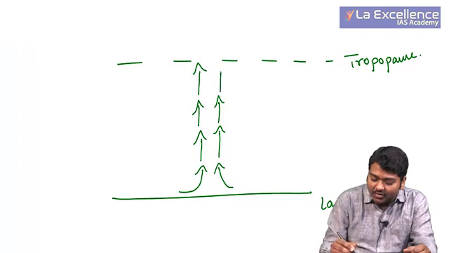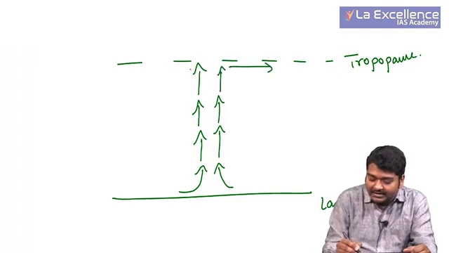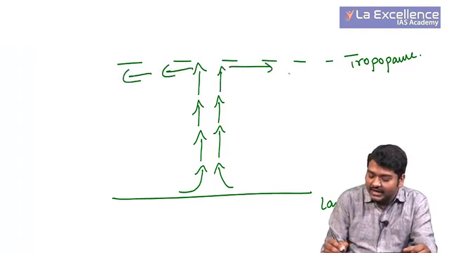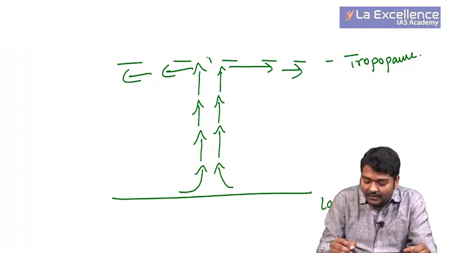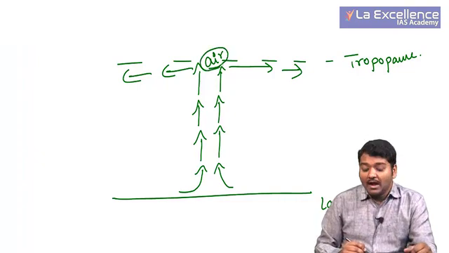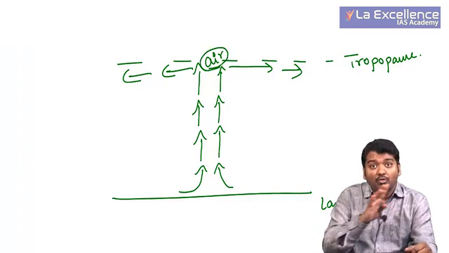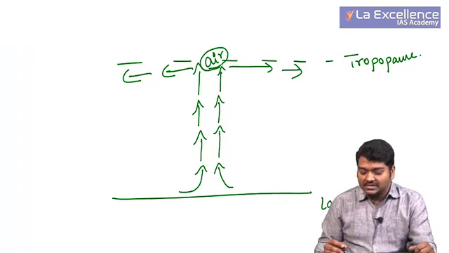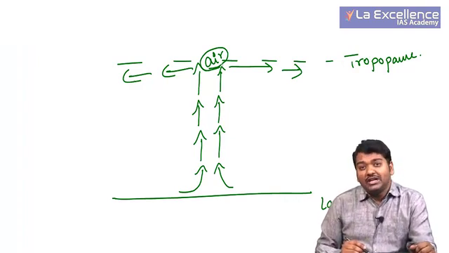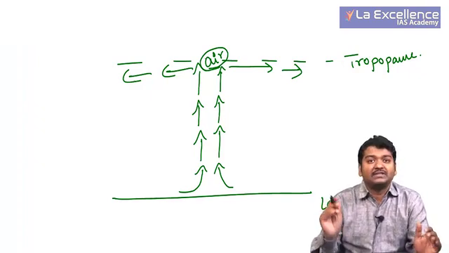When it hits the tropopause, it diverges in opposite directions, correct? But can you see there will be some air getting accumulated at this point, and this will be there throughout the equator. Convergence or divergence at this point usually leads to some air being present.